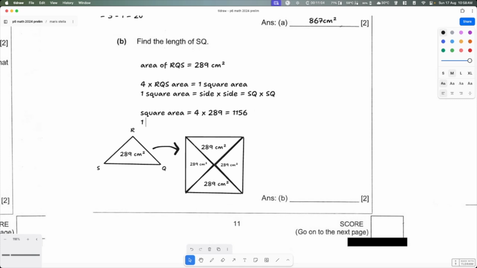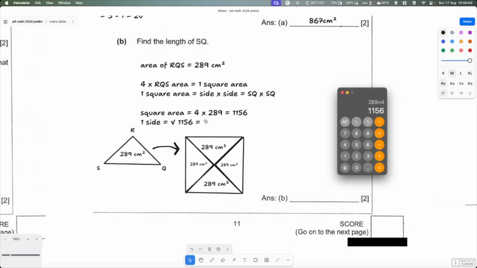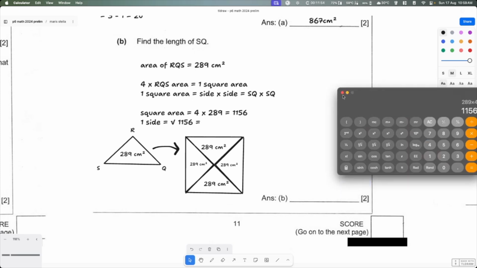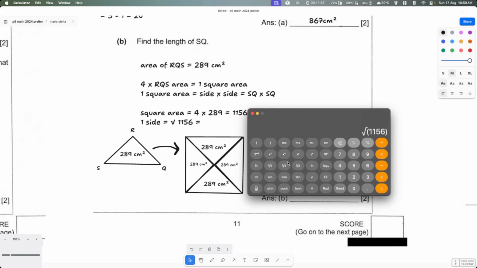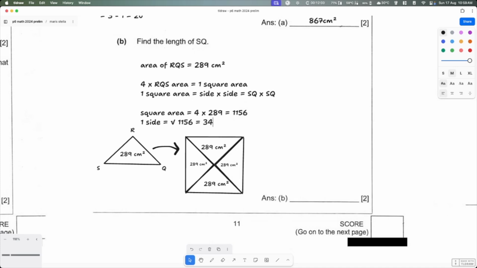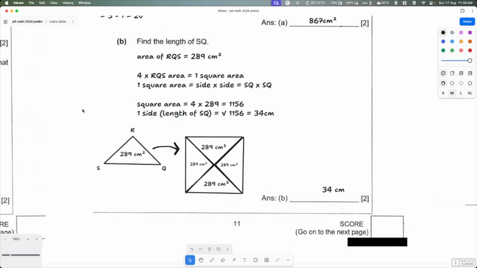So one side is equal to the square root of 1156. Then we can use our scientific calculator. The square root of 1156 will give us 34 centimeters. So that means SQ is 34 centimeters. There you go. The length of SQ is equal to the square root of 1156, which is 34 centimeters.